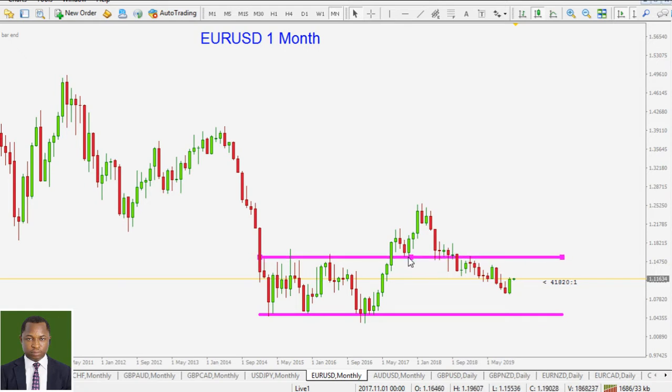Sorry about that. All right, so another one here. You can see resistance around that area. Resistance there acted as support. A little bit of hesitation, got broken to the downside, retested again, then to the downside. So those are the two key levels in the monthly time frame.